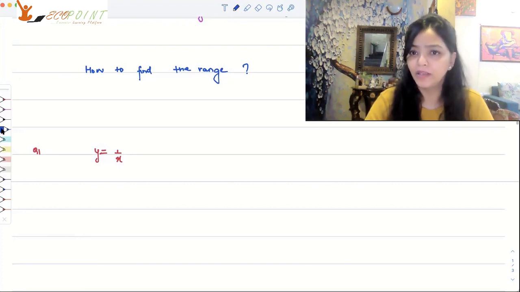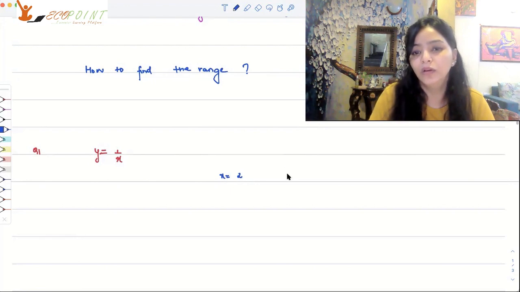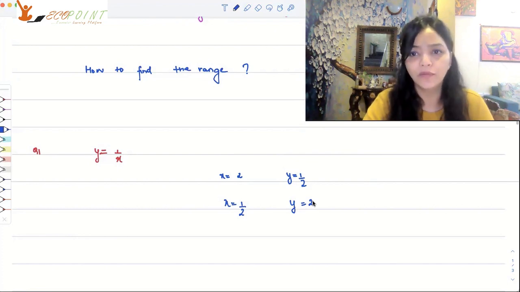You pick any real number, plug in here. That is, if you take x equals 2, your y will be equal to half. If you put x equals half, y will be equal to 2. And so on and so forth.